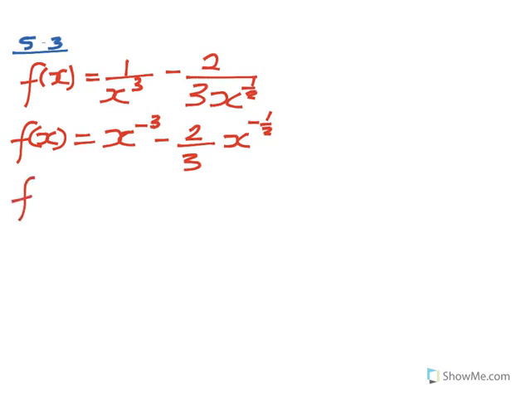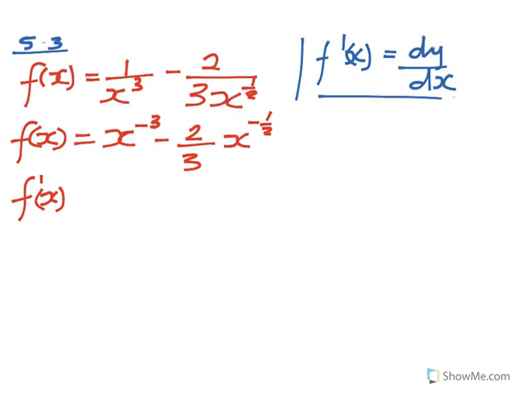Now if you apply the laws of differentiation, f prime x, as a reminder, f prime x is the same as dy over dx. So remember that. With that, this is the same as applying the law.